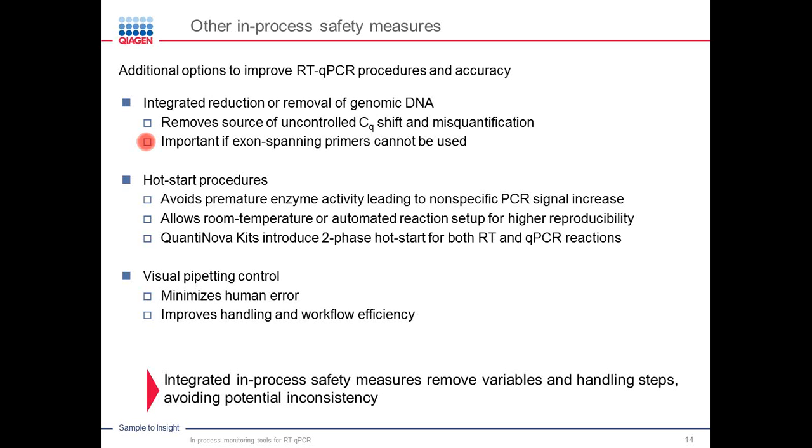They strongly recommend to either run a control against genomic DNA carryover or, much better, to just remove it. And typically it is removed by an additional DNase step that is added to our purified RNA.